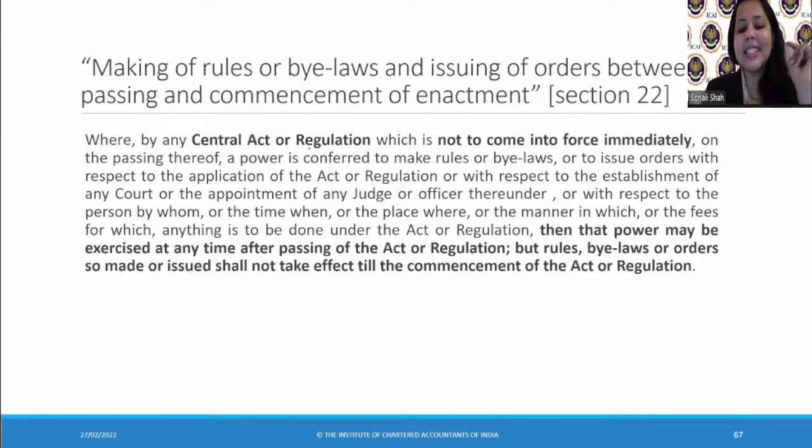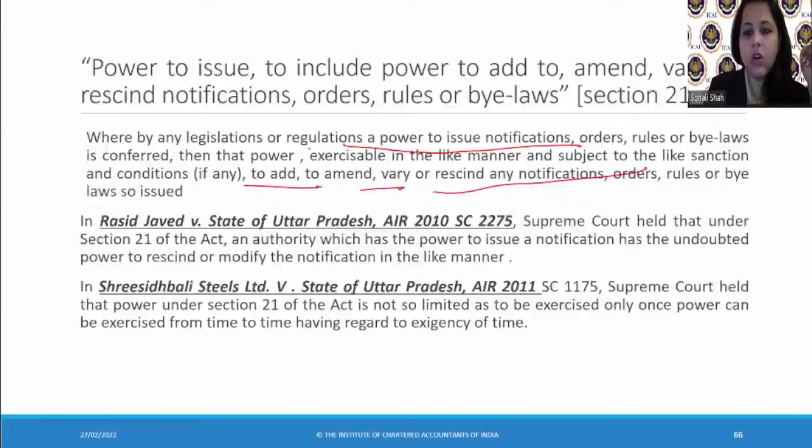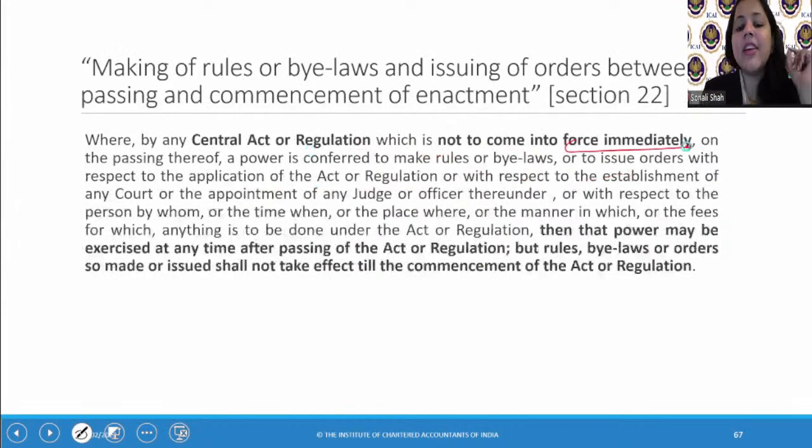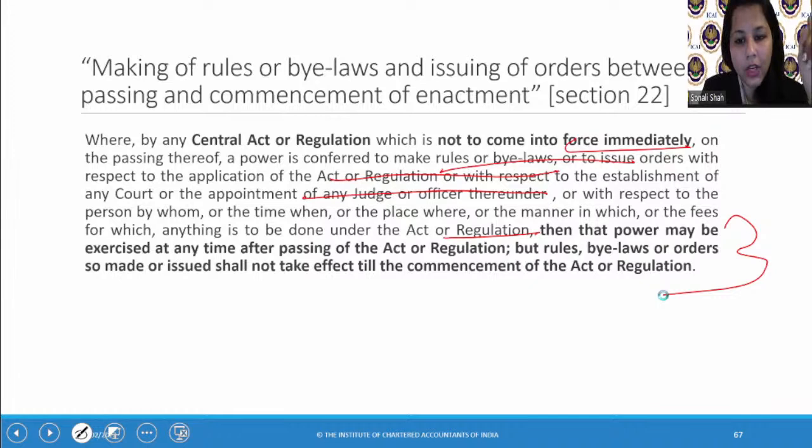where by any central act or regulation which is not to come into force immediately, a power is conferred to make rule or bylaw or to issue order with respect to the application of the act or regulation, or with respect to the establishment of any court or appointment of any judge or officer thereunder, or with respect to the person by whom or the time when or the place where or the manner in which or the fees for which anything is to be done under the act or regulation, then that power may be exercised at any time after the passing of the act or regulation.